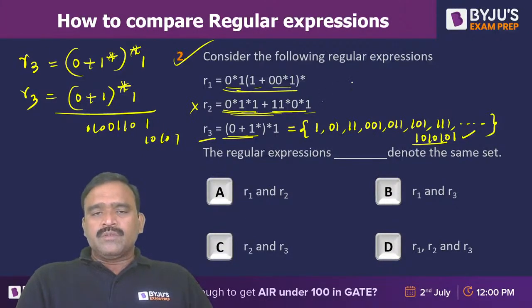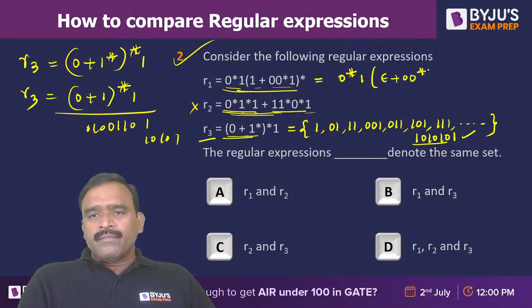But R1 is possible. We can simplify R1 as follows. It is like this: 0 star 1, 0 star 1 followed by... In these two, we can take 1 as common. So we can take (epsilon plus 0 0 star) 1 whole star. Epsilon plus 0 0 star means 0 star.